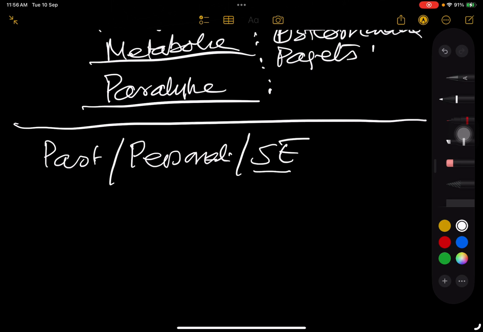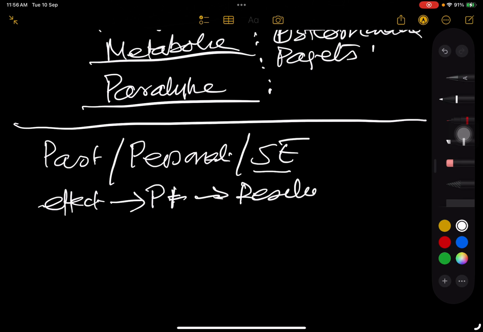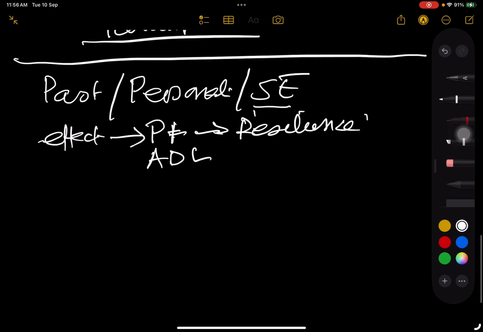Socio-economic history, and of course that is effect on the patient, effect of the disease on the patient, and the resilience of the patient, ability to fight back. That's what is socio-economic history. And it of course includes activities of daily living.